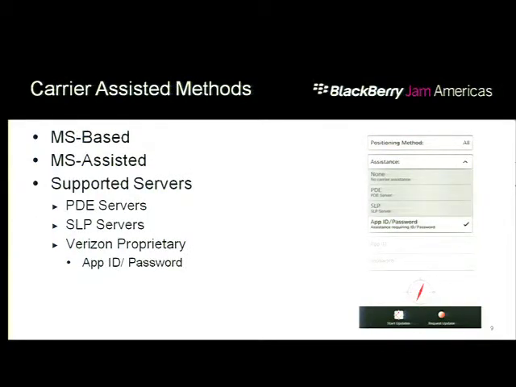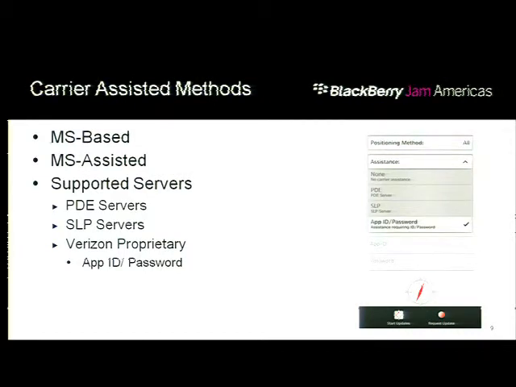Now that we know what the device can provide by itself, let's move on to the carrier-assisted modes, which are also available to you. And the modes are namely MS-based and MS-assisted. What these two modes do is take the assistance data from a server hosted by the carrier and combine it with the satellite data that the device has, and after that it computes a fix when the conditions are not that friendly.